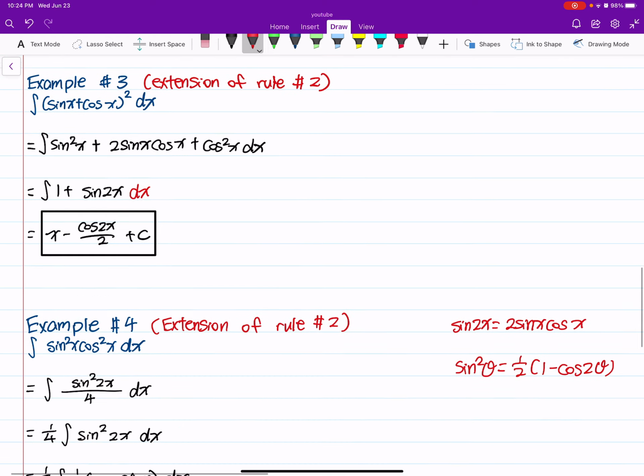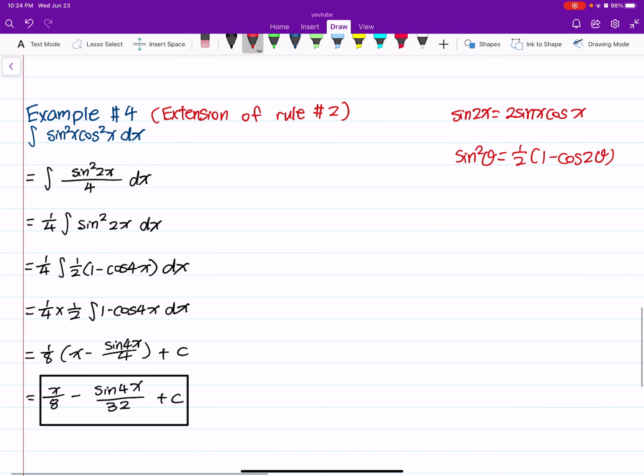So moving on. Example number 4. So this is probably the most challenging question out of all the examples I'm giving you guys. So this will be an extension of rule number 2 that I said I will go over. This is the integral of sine square x times cos square x dx. Now you must be thinking I can sub in individually sine square x and cos square x.